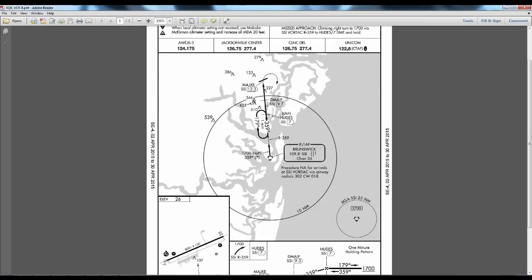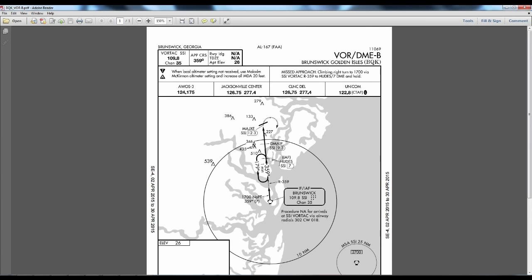So what we could gather from this is that we want to see the runway prior to Dammit or somewhere before Majax. If we don't, the odds of us having to do the missed approach get greater the closer we get to Majax. That's what we can take from that.